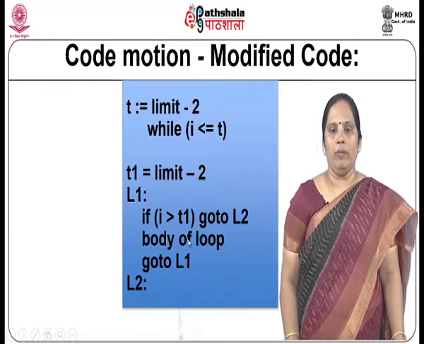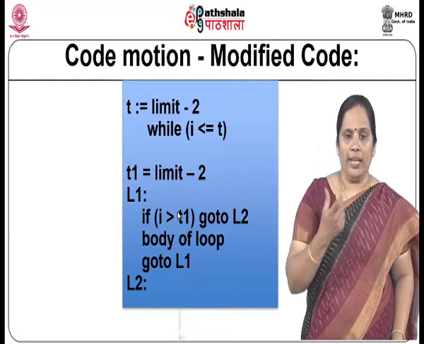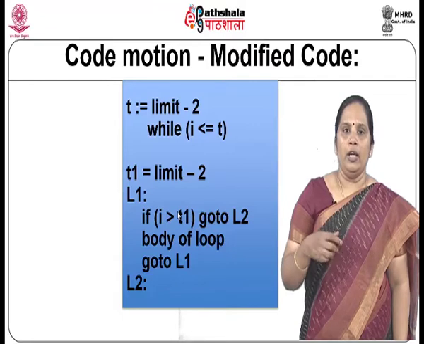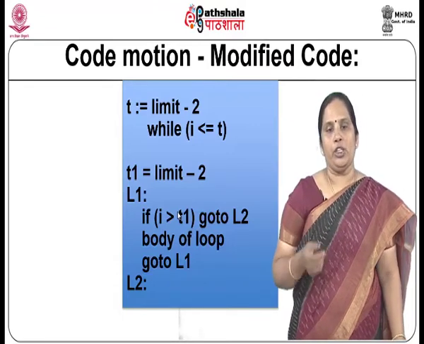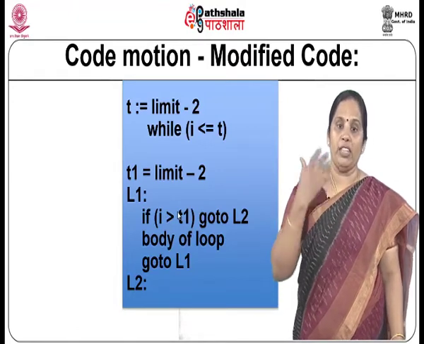So, therefore, this is going to be the optimization that is possible, where if a particular expression is computed multiple times because it is part of a loop, and if the value is not going to change, move it outside the block, typically move it up front, move it to the previous block basically.